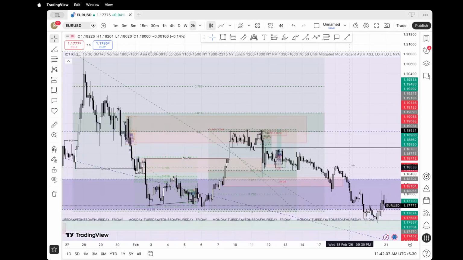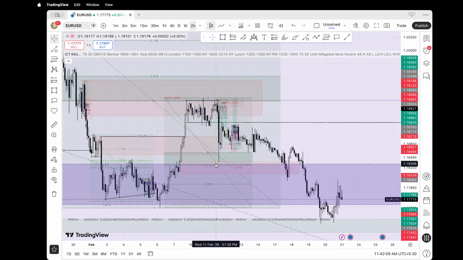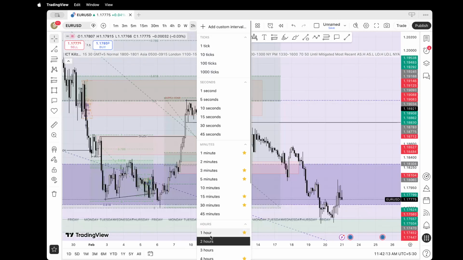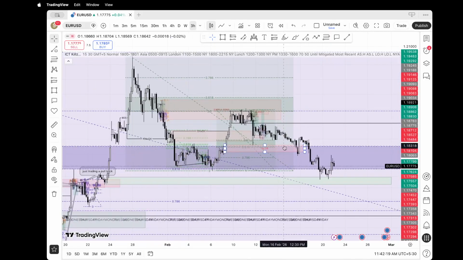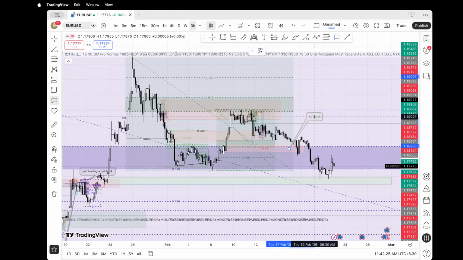So we thought, okay, we are bullish now, and it touched the 3 hour order block. But the 3 hour order block was not valid because we never had a change of character at the 3 hour time frame.